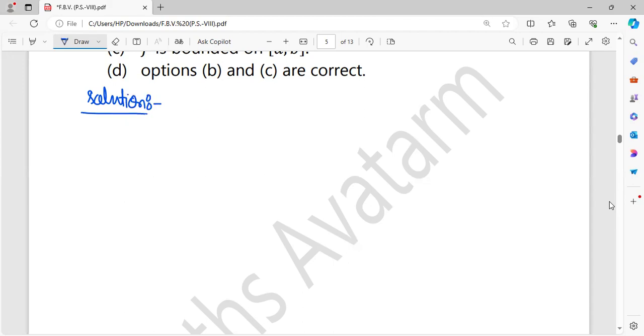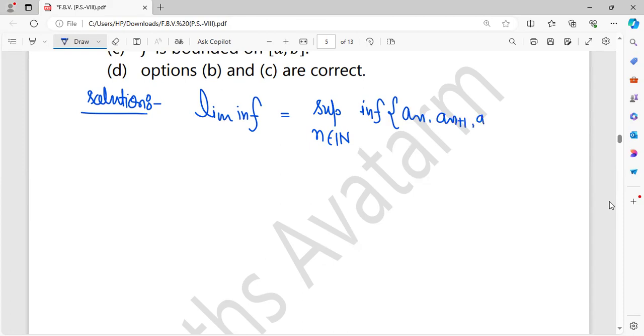So limit inferior means what? I am taking the supremum over n belongs to N of the infimum of a_n, a_(n+1), a_(n+2), up to this sequence.